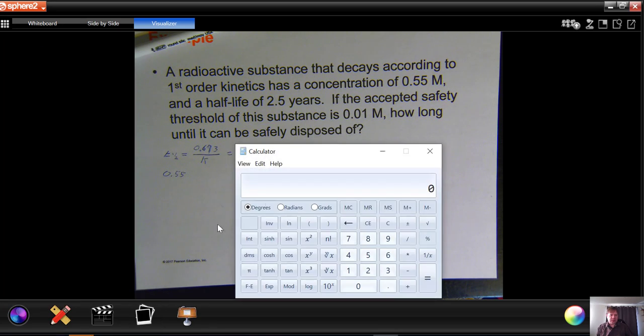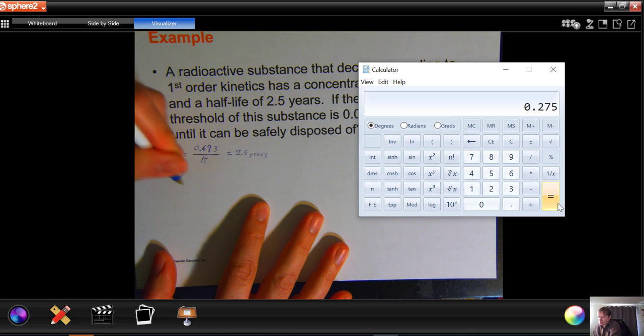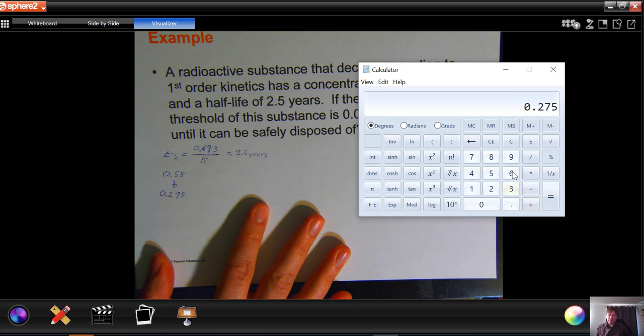So 0.55 divided by 2, and we get 0.275, and that's one half-life.